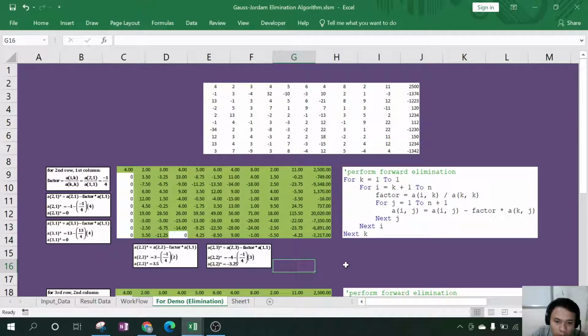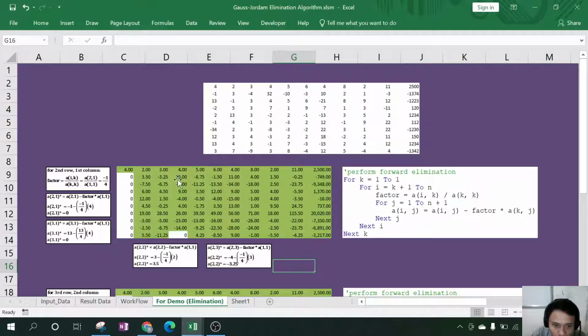Now if we continue, here the negative 3.25 is the new value on row 2. From previously negative 4, minus the factor, which is negative 1/4, times the first row third column, which is equal to 3, it will give you negative 3.25.